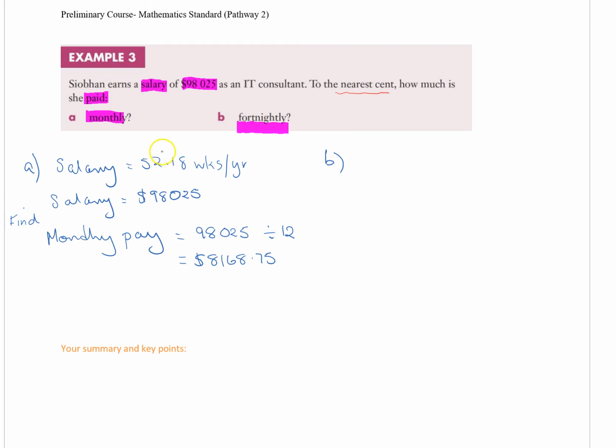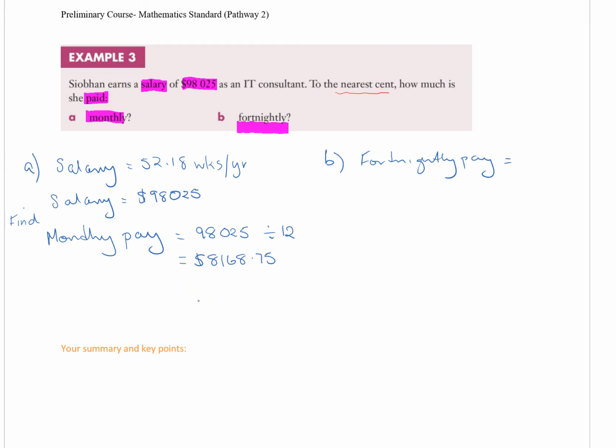Now moving on to part B, where the question asks you to find how much she gets paid fortnightly. So now we want to know fortnightly pay. The biggest mistake students make here is thinking that they can use the monthly pay there.